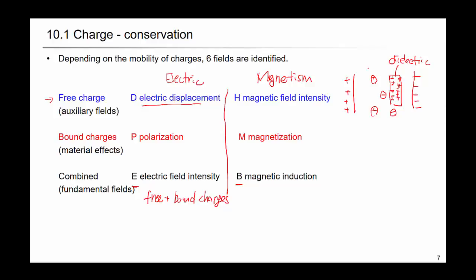Inside this field, the whole electric field is combined from the free charge effect and the bound material effect. So D, P, E and H, M, B represent each field.